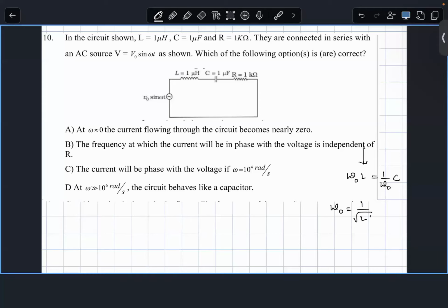That comes to 10 power 6 radian per second. So this is wrong: at omega much greater than 10 power 6 radian per second, it behaves like an inductor, at a higher frequency above the resonant frequency. So what are the correct options? AB, if it is a multi-correct answer type question. Any doubts? Someone please cross-check this.